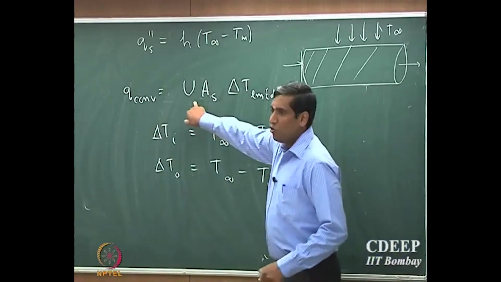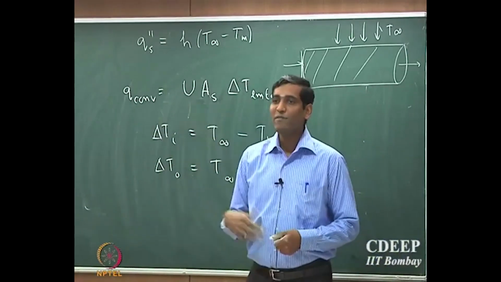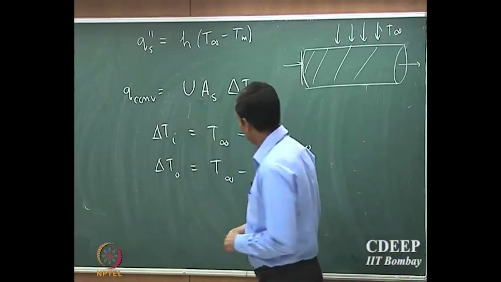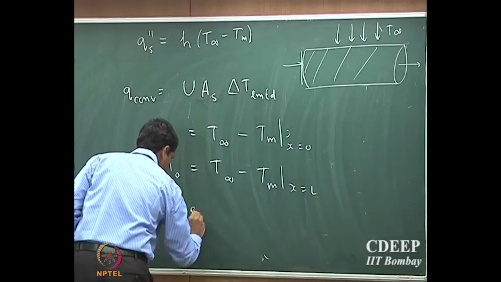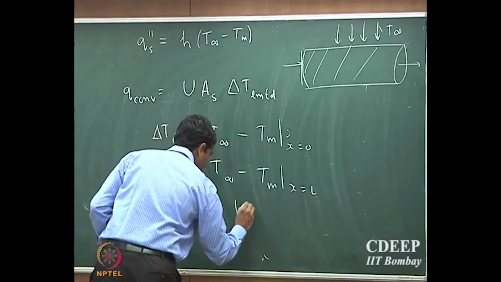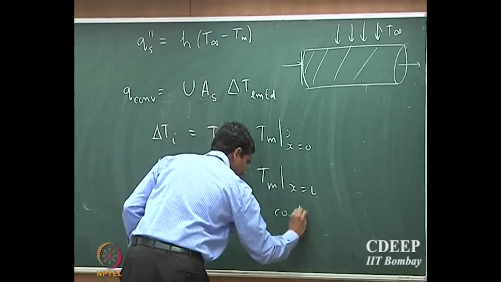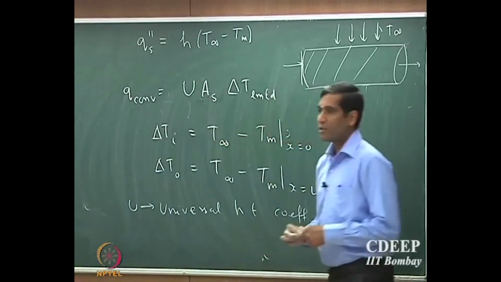So, the U is what is called the universal heat transport coefficient.